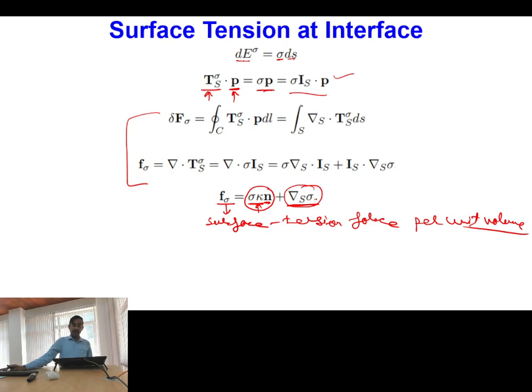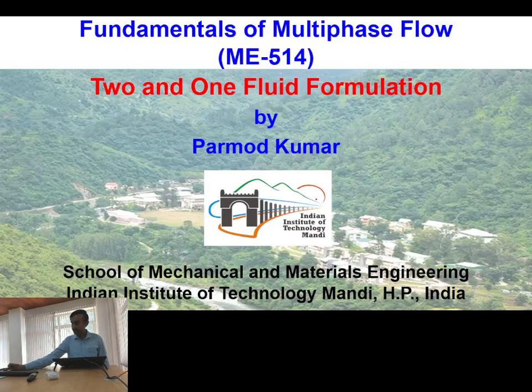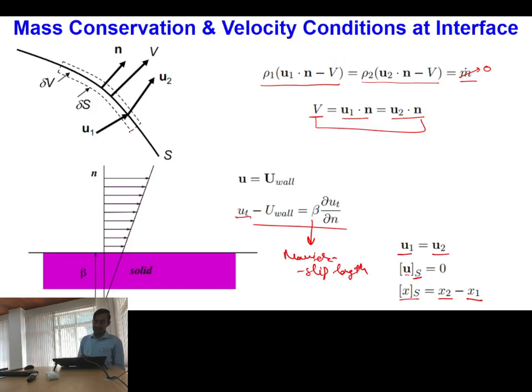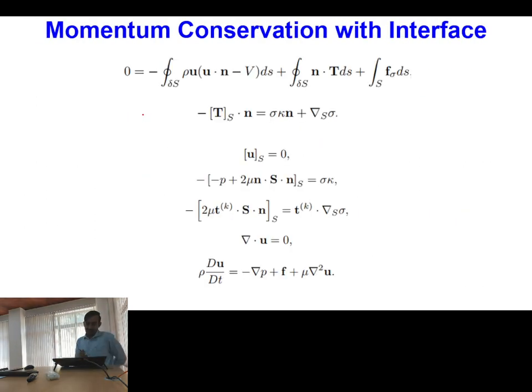Now how do we account for the surface tension force at the interface? For that, on the control volume which I have taken here on the interface, I will apply my momentum equation. If I apply my momentum equation, then the temporal term will be 0 because the thickness of the control volume at the interface is extremely small.